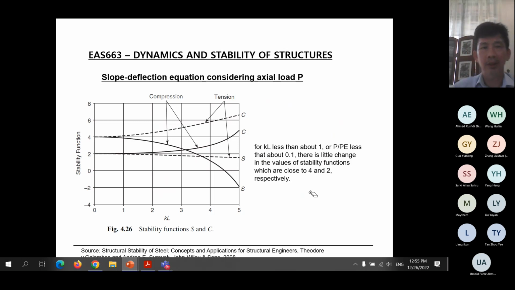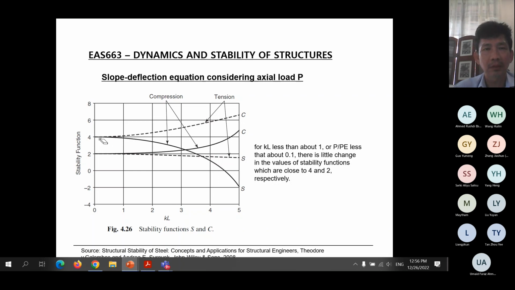Now, this is another graph to show alpha n and alpha f. One of these is alpha n, and this is alpha f. This part is when the load applied is in compression, and this part is when the load applied is in tension. So we will not consider this. We look at this solid line here.